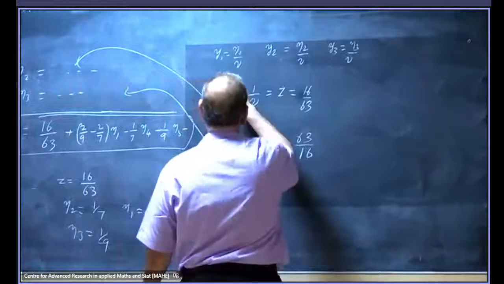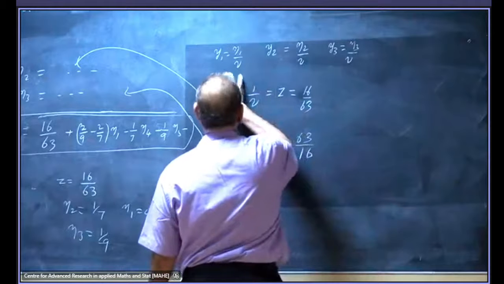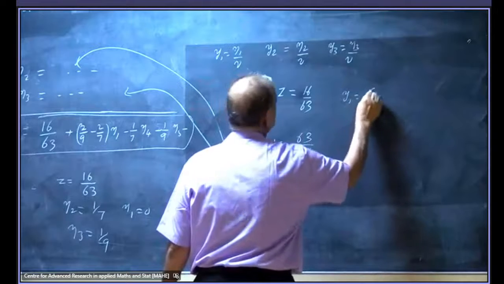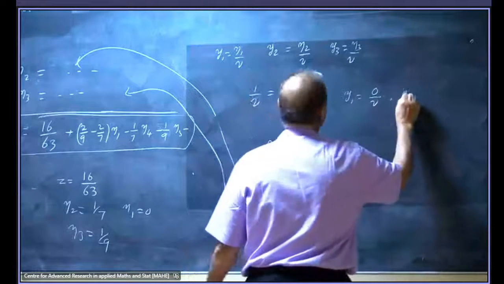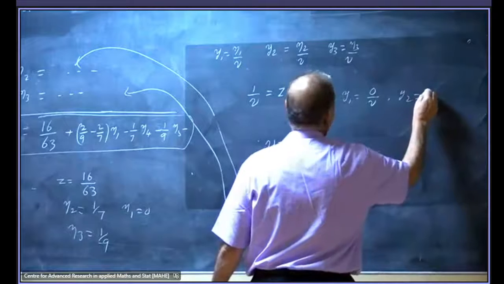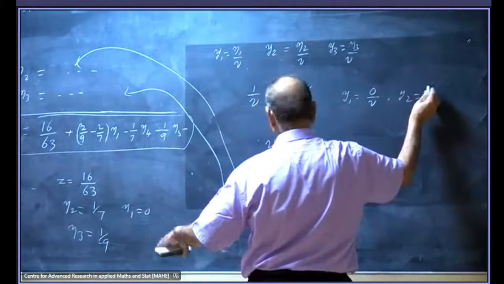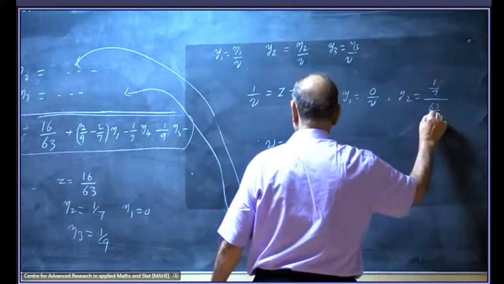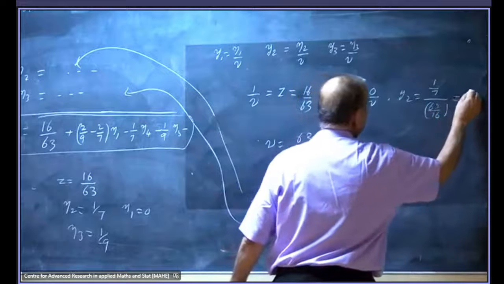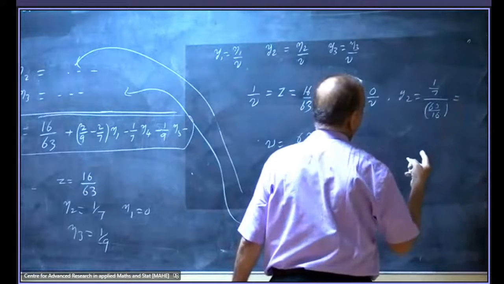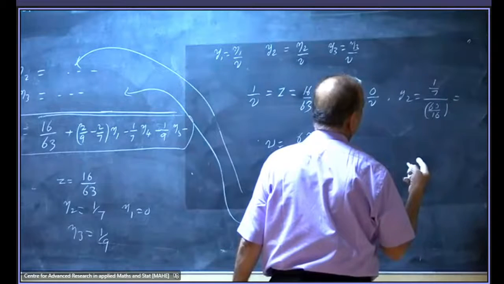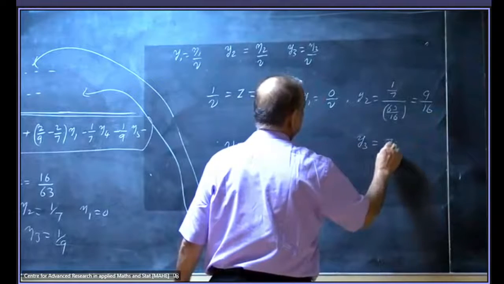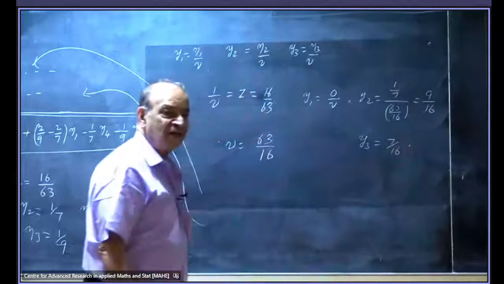And when I multiply each one by 63 over 16, eta 1 is 0, so y1 should be equal to 0. Y2 must be equal to eta 2, which is 1 over 7, over 63 over 16, which is equal to 9 over 16. Y3 is 7 over 16. Okay?